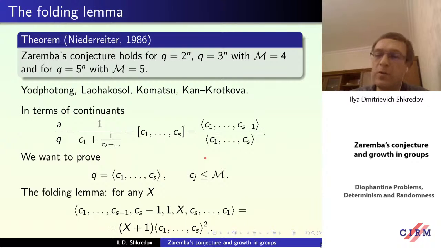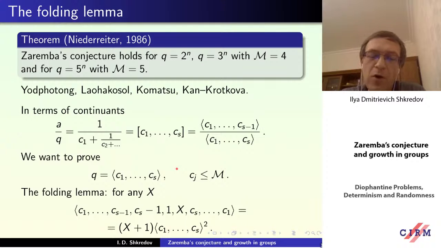And our problem, the Zaremba conjecture, says that for any Q, there is a continuant of a_1, ..., a_s with bounded a_j, such that this continuant is exactly equal to Q. So the a_j are bounded, and we want to represent Q as a continuant of these partial quotients.